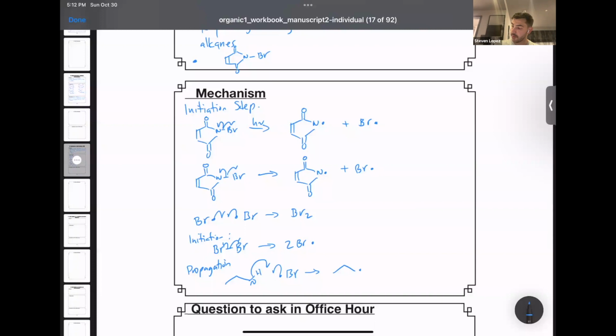And then the other bromine radical can then come in a termination step and effectively halogenate this propane to afford 1-bromopropane.